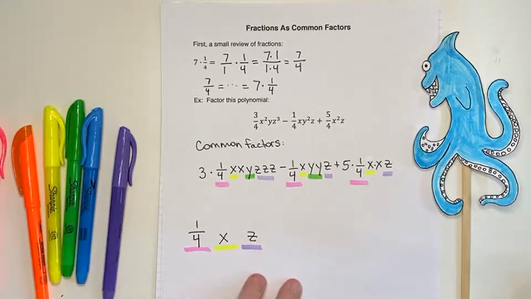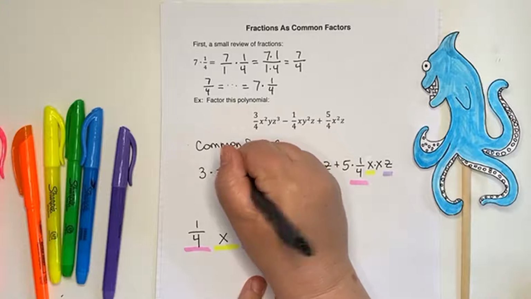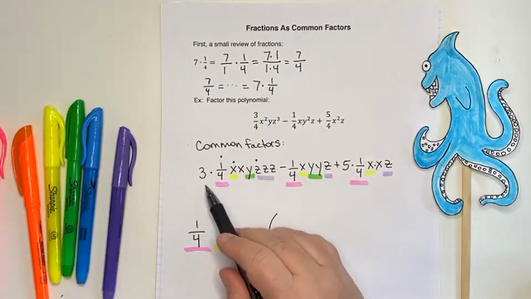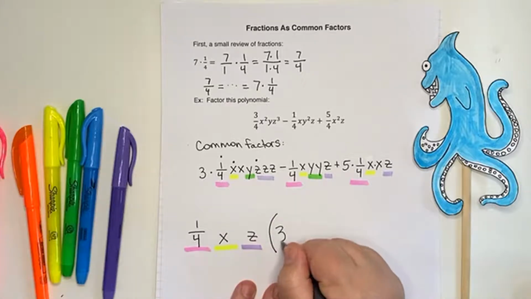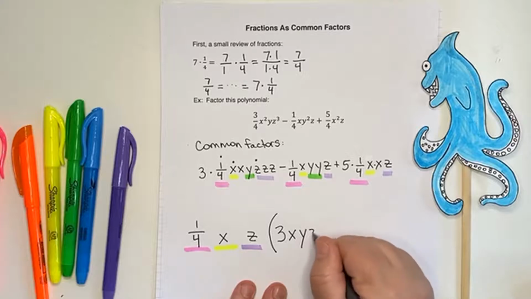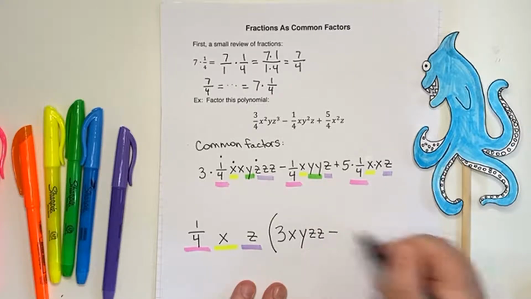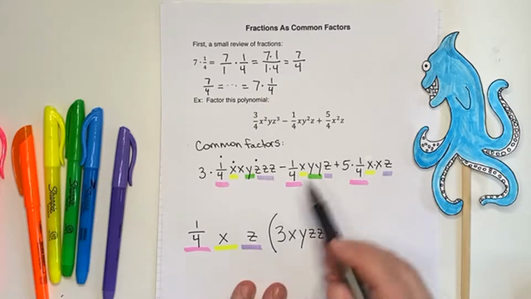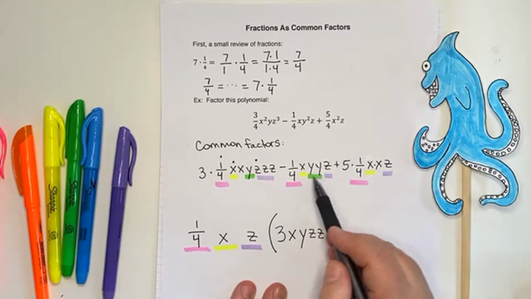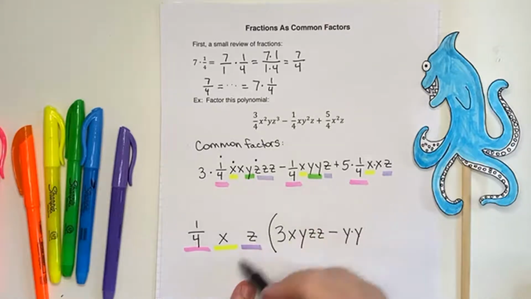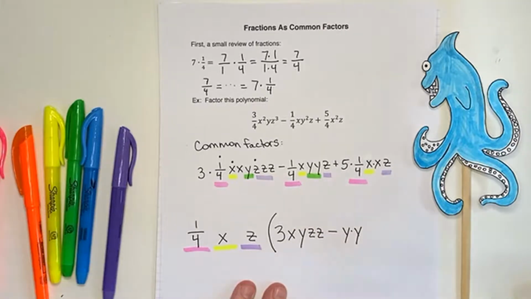So if I've taken out 1x and a 1/4 and one of the z's, what do I have left in the first term? I've got a 3, one of the x's, the y, and 2 z's. Then I've got a minus. I take out the 1/4, I take out the x, I don't take the y, so I've got a y and a y, and then I did take out the z, so that's all that's left in there.